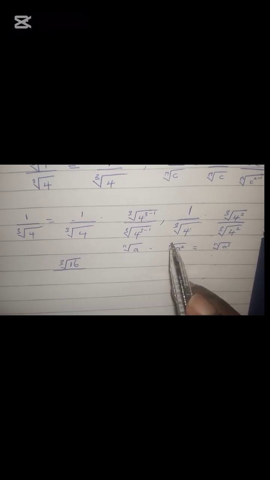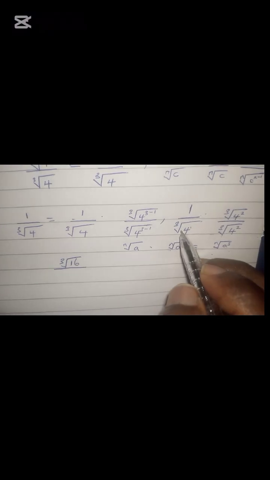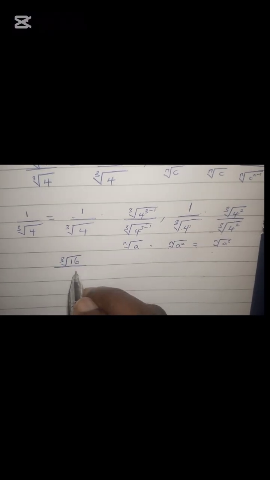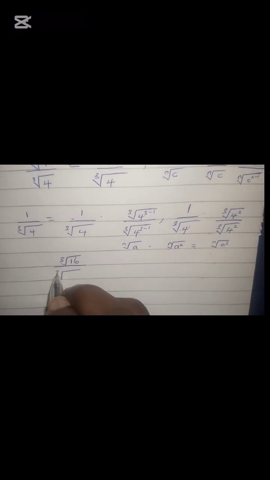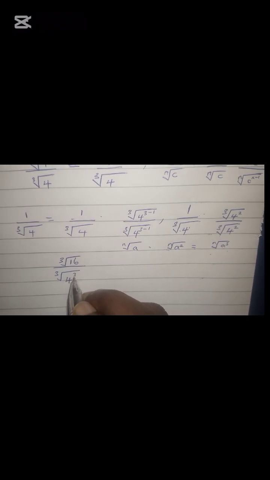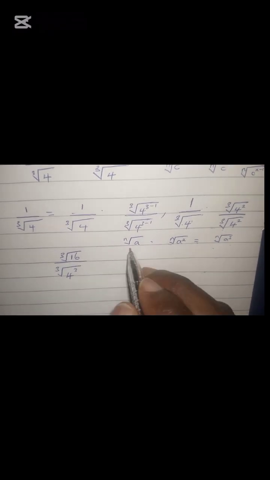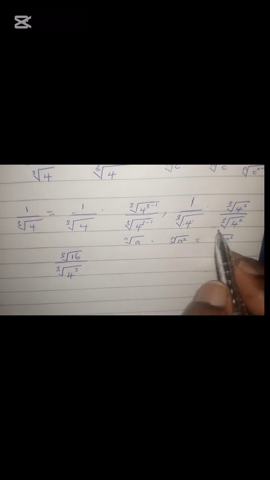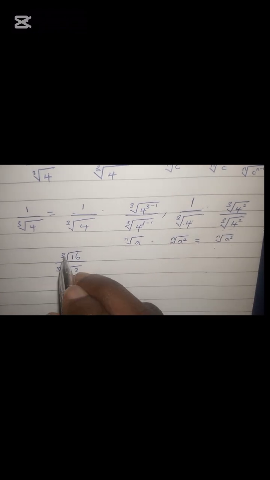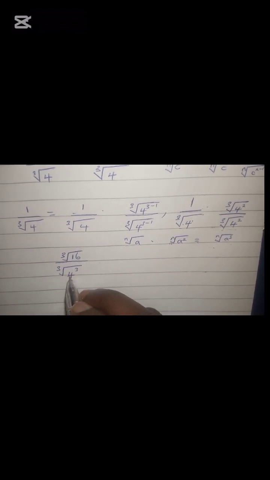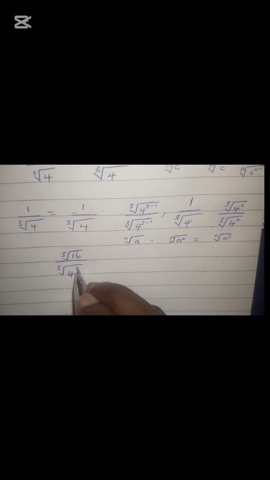If we apply this rule here, we have the cube root of 4 to the power of 3. So we apply this rule at this denominator. We are now having the cube root of 16 over the cube root of 4 to the power of 3. You can see we are having 3 here, so this and this can go.